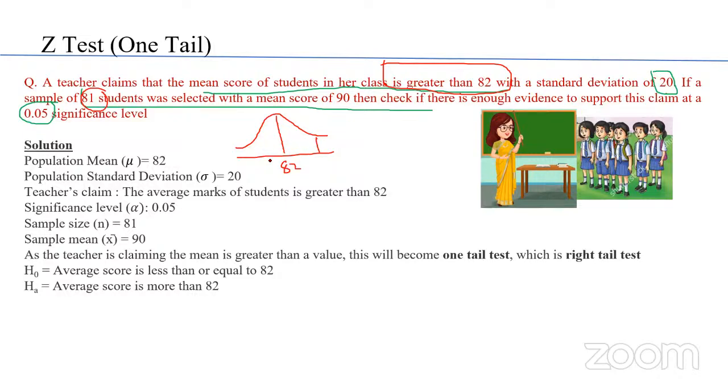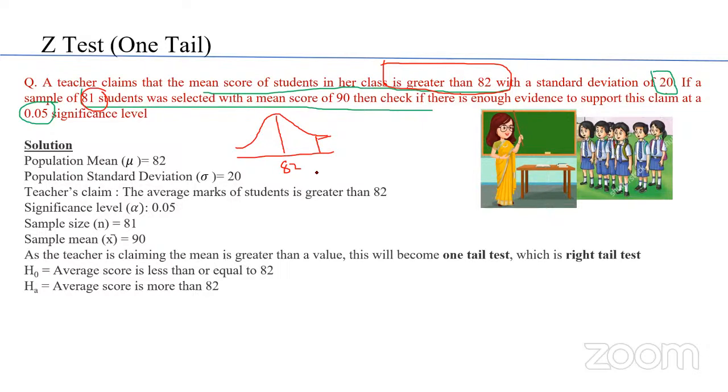Which test should we be using, less or more? Is it a right tail or left tail? It is a right tail, because her claim is more.